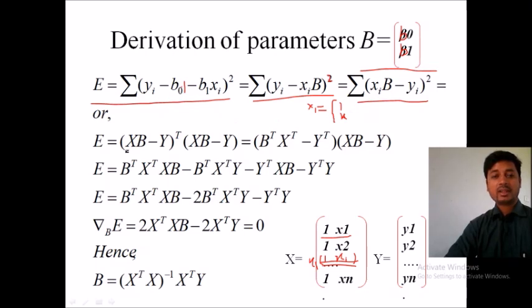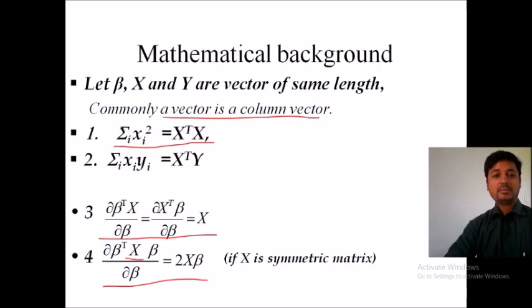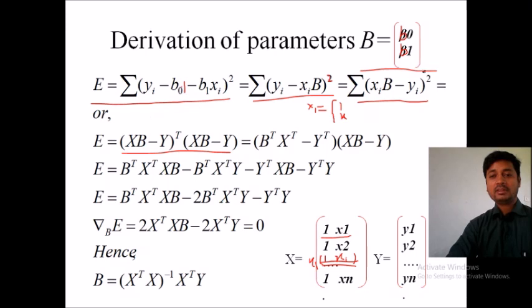Now look here. This came from the expression sigma of xi square, which you may write as x transpose x, where this is our x. But you may be confused how it became the complete matrix x, since here it is the ith row only.